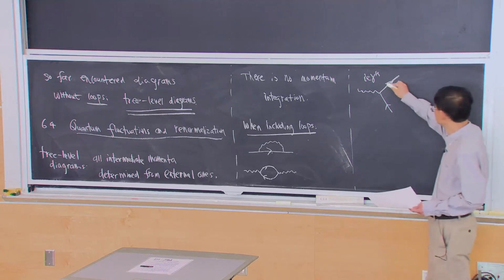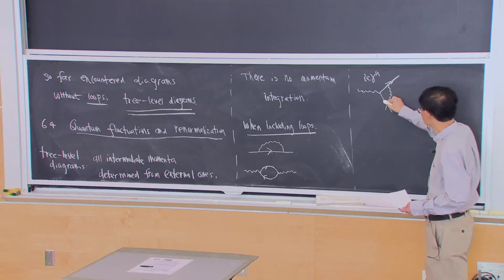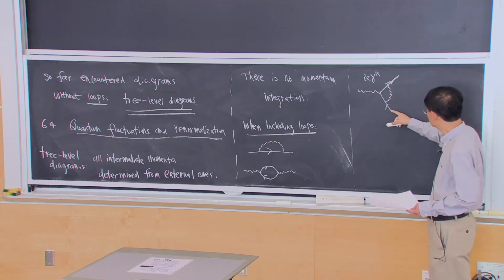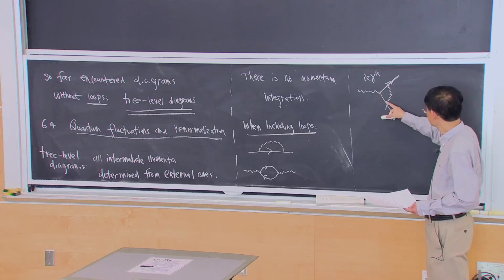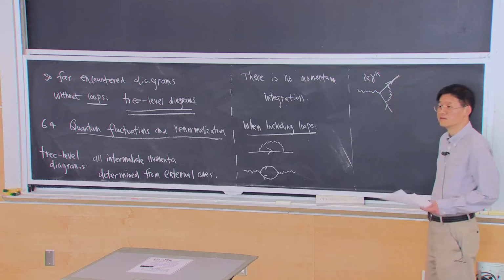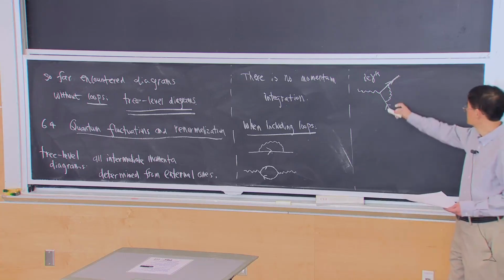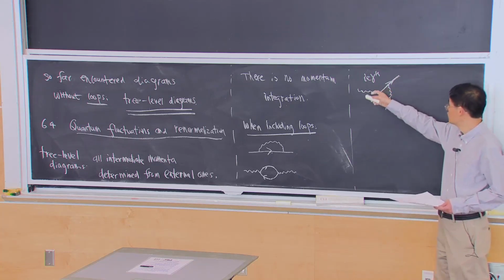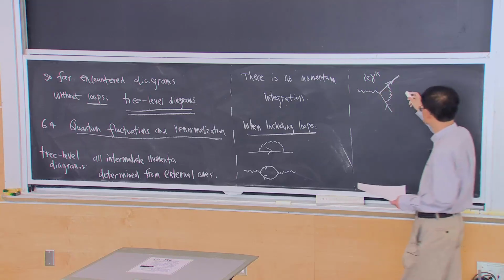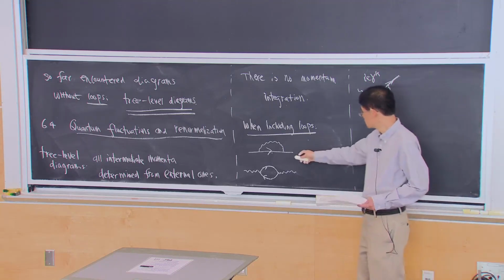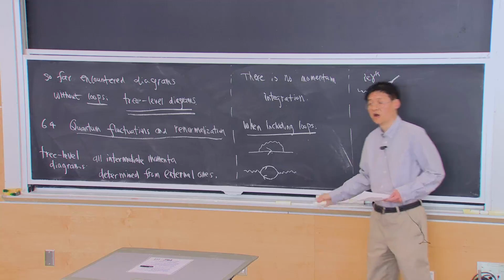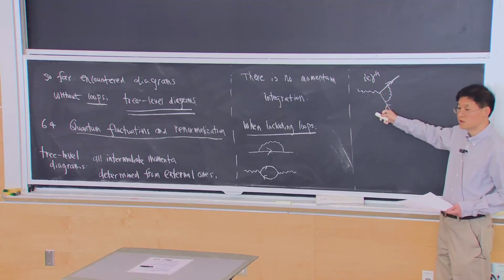Imagine the electron comes in, first emits a photon, which then gets absorbed by the electron that comes out. This corrects the vertex, and so it is called the vertex correction. The first two correct the propagator, and this one corrects the vertex.